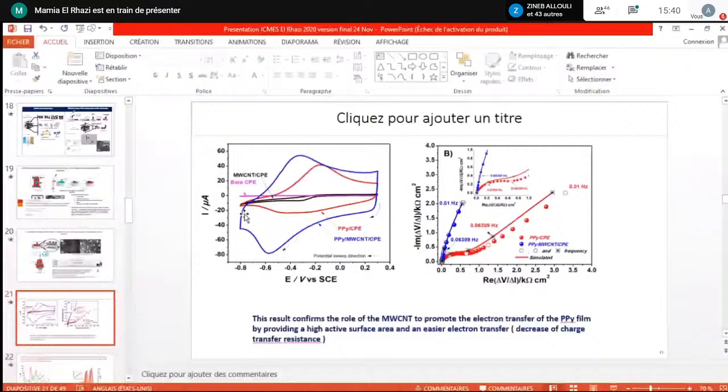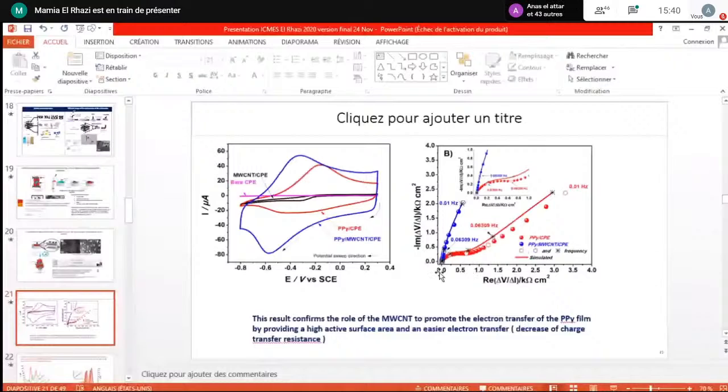And you can see that the current is increasing when we use the electrode modified with multi-walled carbon nanotube. And also the impedance spectra show that the charge transfer resistance decreases here in the presence of multi-walled nanotube, even if the polymer is in a reduced form.